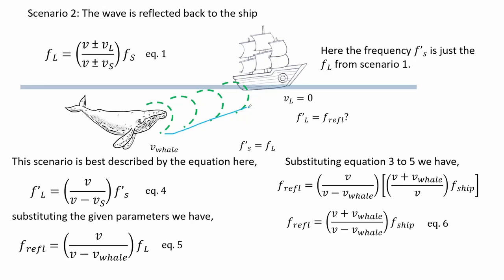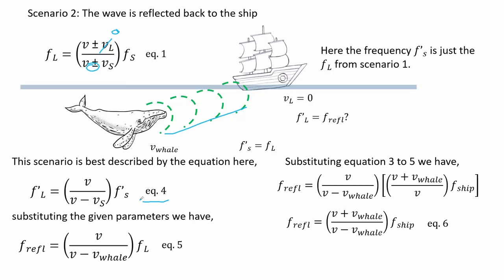Now, the listener is the ship, and we know the ship to be stationary, so this is 0. And for the denominator, the source, the whale, is approaching it, so that means the effect should allow this parameter to increase the frequency heard. So we choose the negative sign here, and we get equation 4.